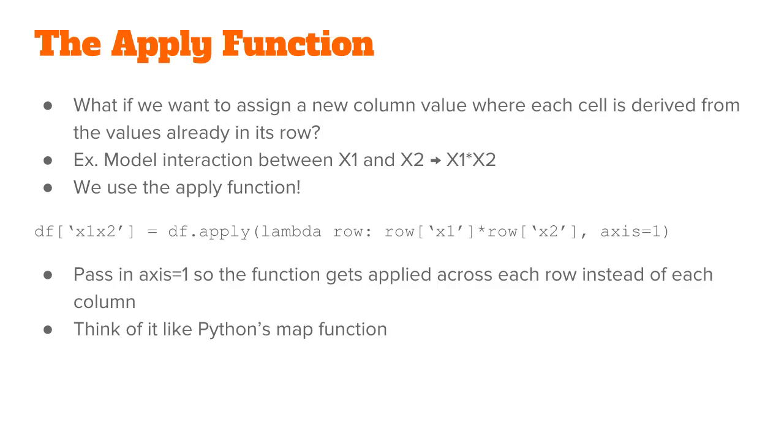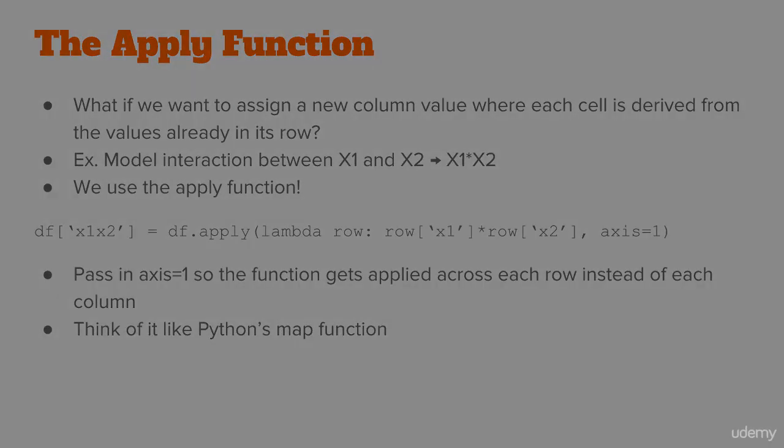For the example above, multiplying the columns x1 and x2, we could do it like df of x1, x2 equals df.apply lambda row of x1 times row of x2, and we pass in the argument axis equals 1. Note that we need to pass in the argument axis equals 1 so that the function gets applied on each row at a time as opposed to each column at a time.